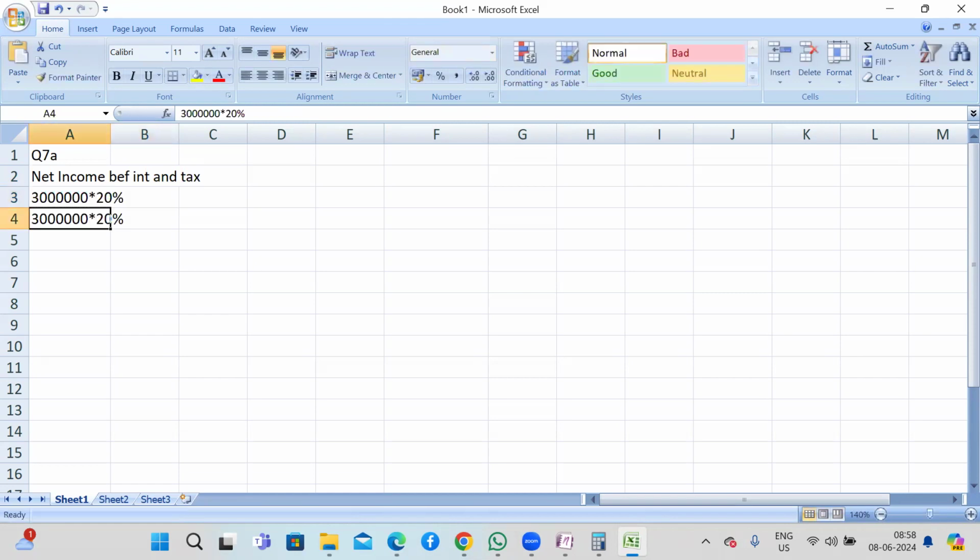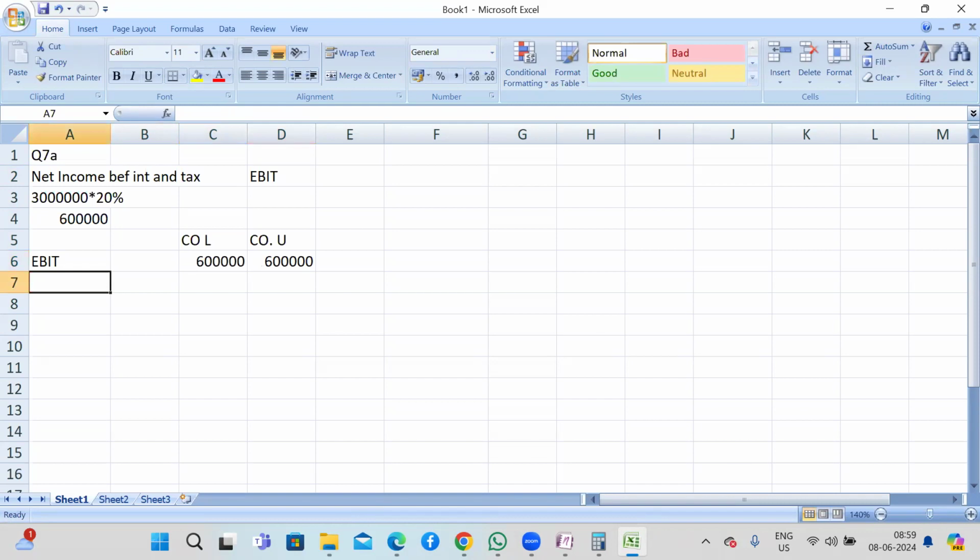That means 6 lakhs is their income before interest and tax. That is nothing but your EBIT, earnings before interest and taxes. So for company L, that is levered, and company U, unlevered, EBIT is 6 lakhs for both.